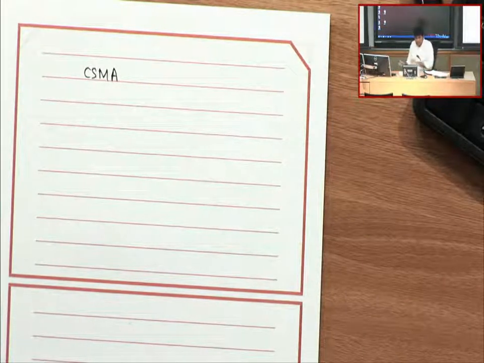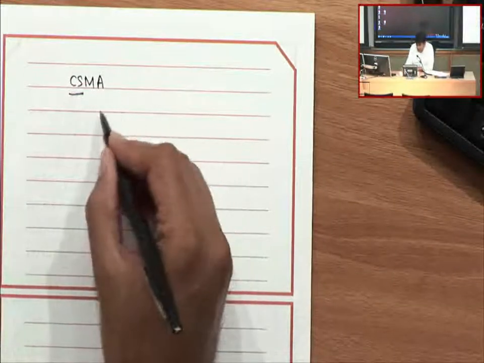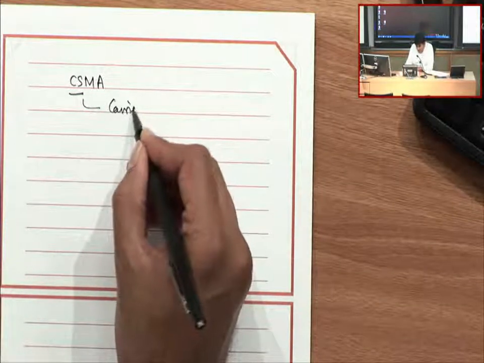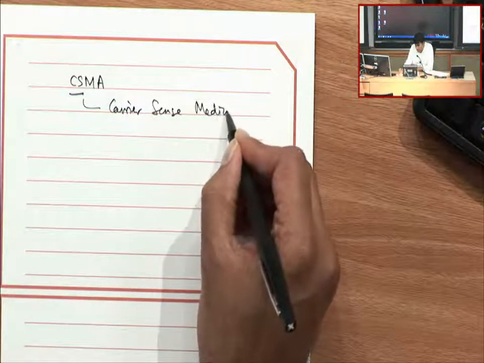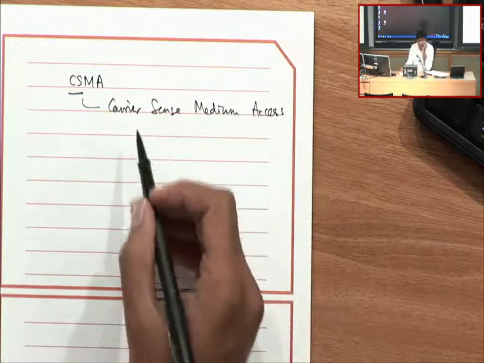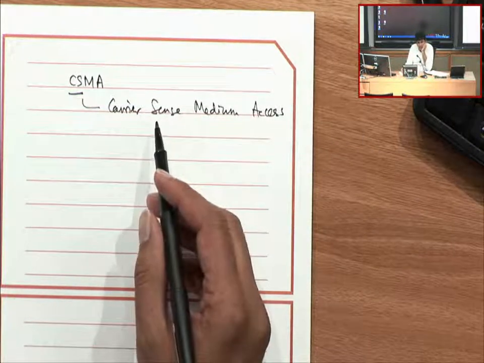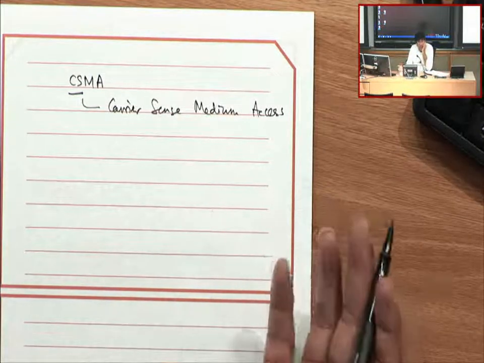CSMA, as the name suggests, the CS stands for carrier sense multiple access. In carrier sense, before you transmit, you first check the channel.